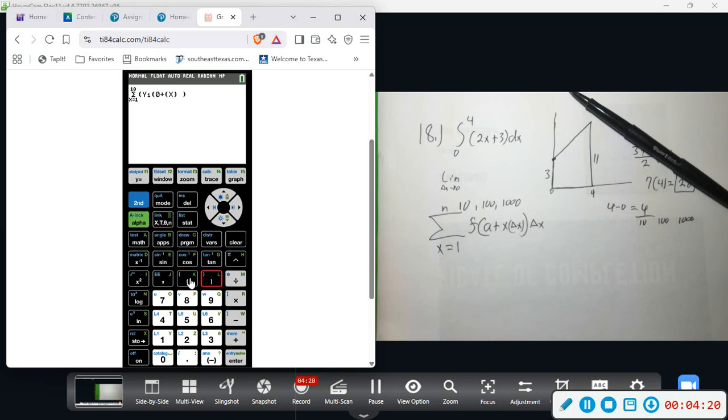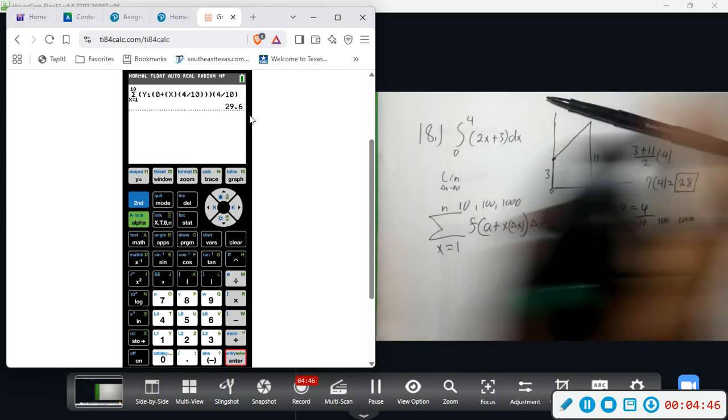And that x value is going to get multiplied times 4 divided by 10 this time. And then on the outside, we're going to have an additional 4 divided by 10. All right, so when I compute this right Riemann sum, we get 29.6, which is pretty close to 28.